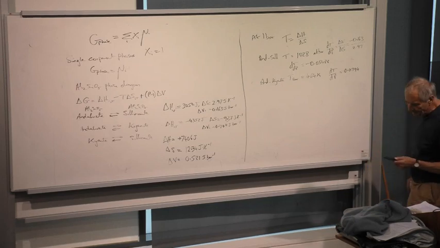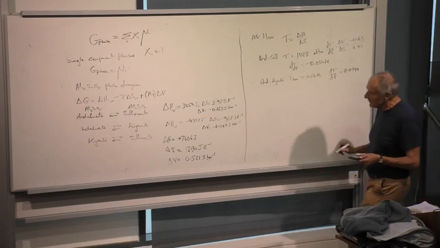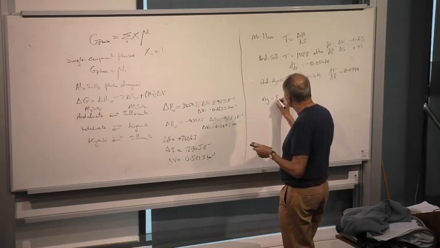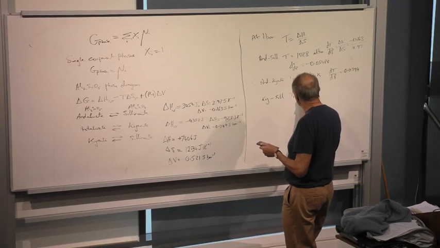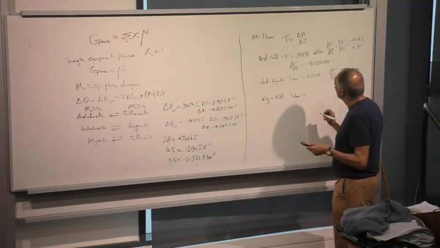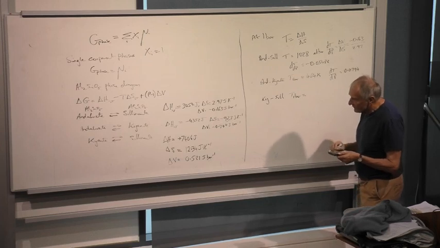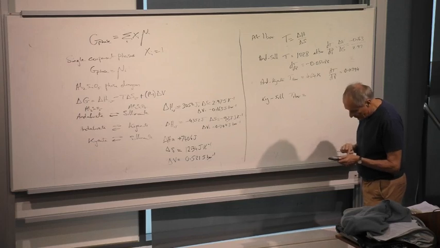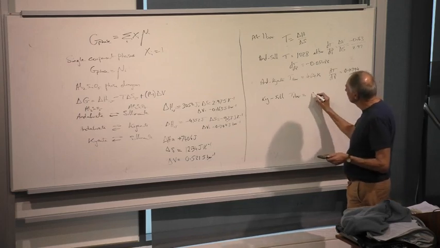Kyanite to sillimanite. T at 1 bar is equal to 7406 divided by 12.34, which is 600.